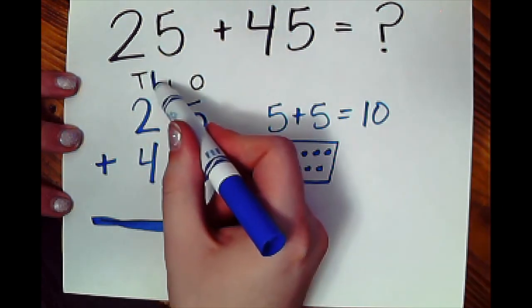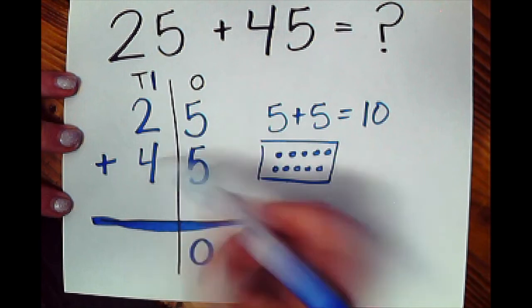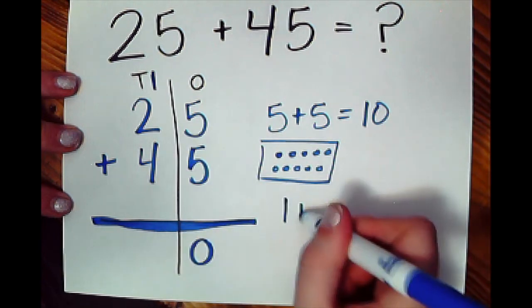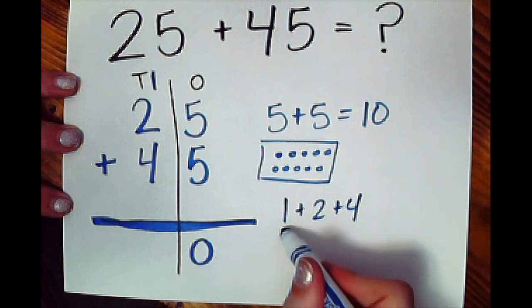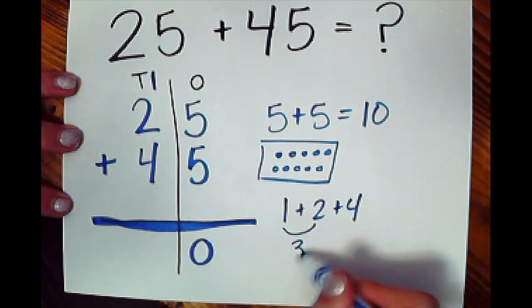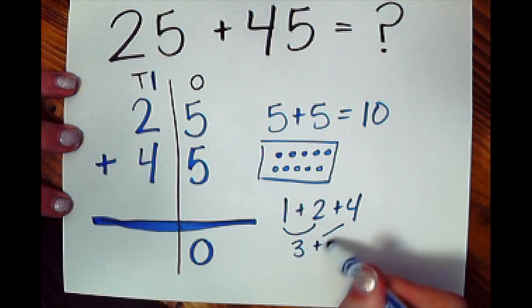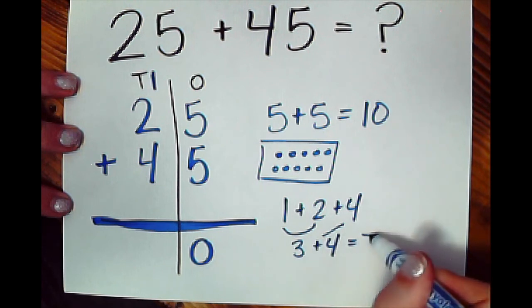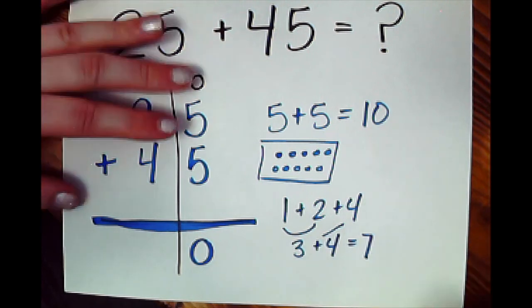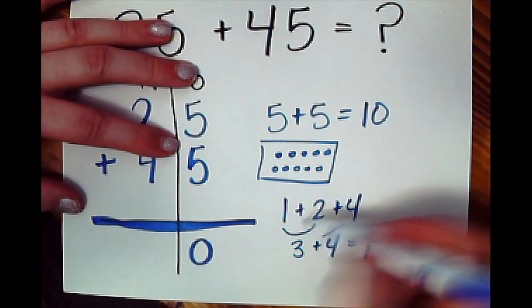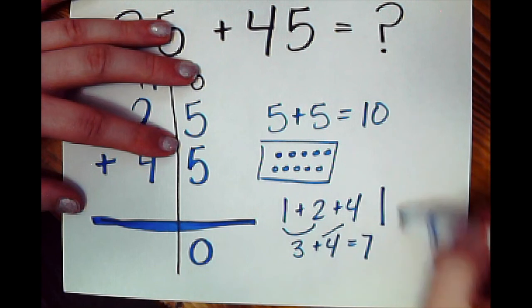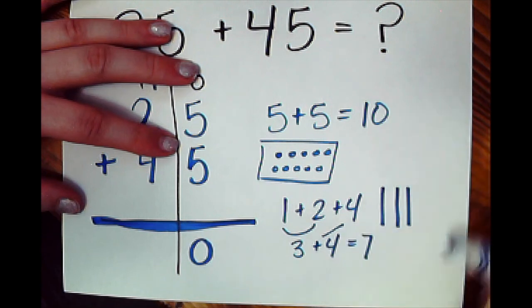We have 1 ten plus 2 tens plus 4 tens. 1 plus 2 is 3, plus 4 more. That's 7. Remember, if you want to draw your 10s, 10s are those sticks. So we have 1 stick plus 2 more plus 4 more.